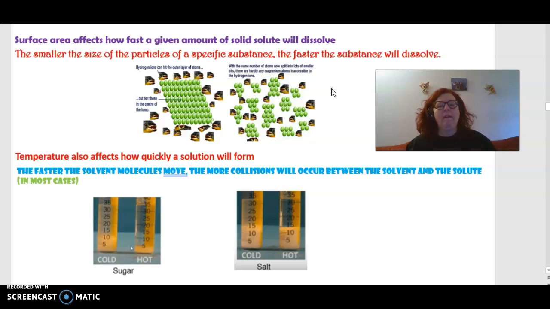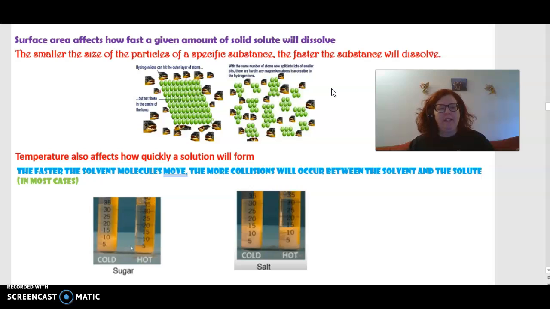We're talking about factors that affect dissolving something, dissolution. Yeah, the noun, dissolution. I went over three things that can affect that. The first is surface area.